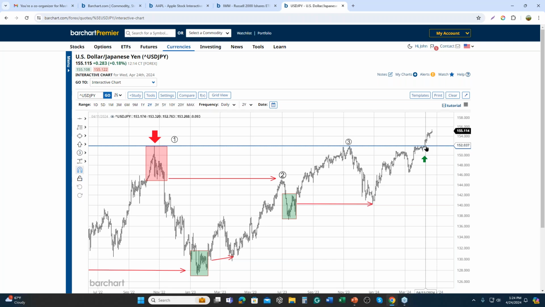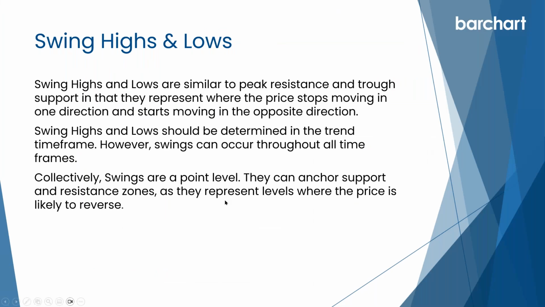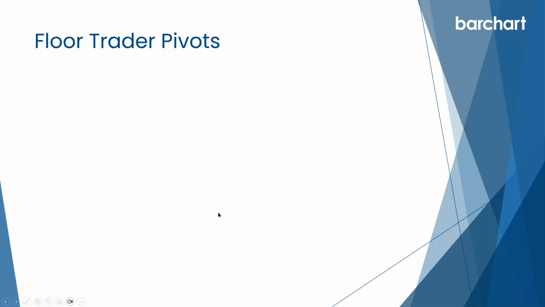So the first piece of information that I rely on is something called floor trader pivots. Perhaps because I'm a former floor trader, I believe in their value to help me select, let's say, more timely exits or entries on my day of action.